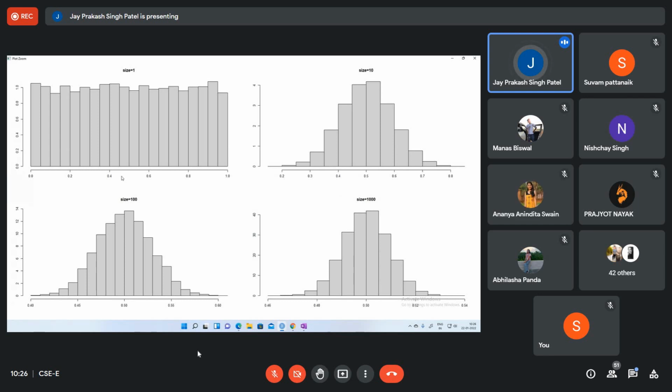The only difference is that in the first one, the variance is large in comparison to the second one, right? And in the third one, the variance is even smaller than the variance in the second distribution.